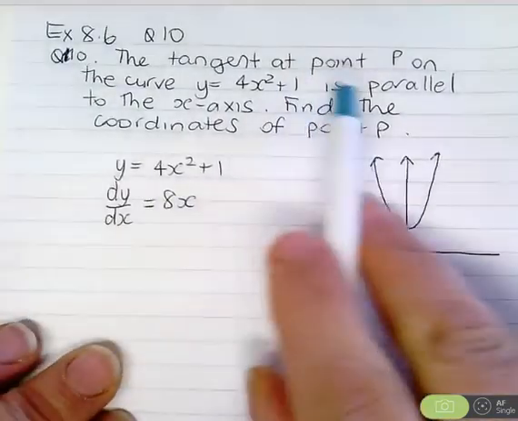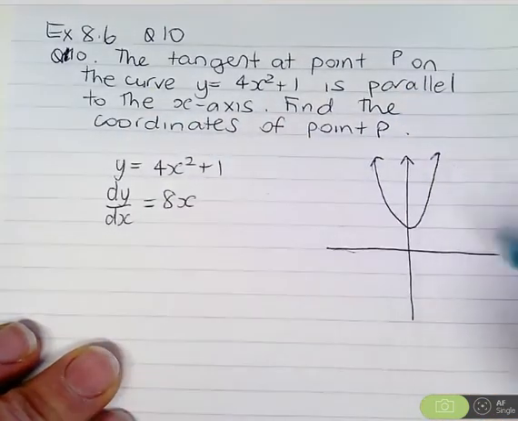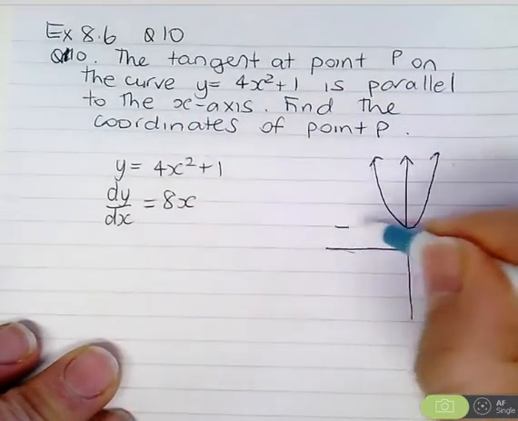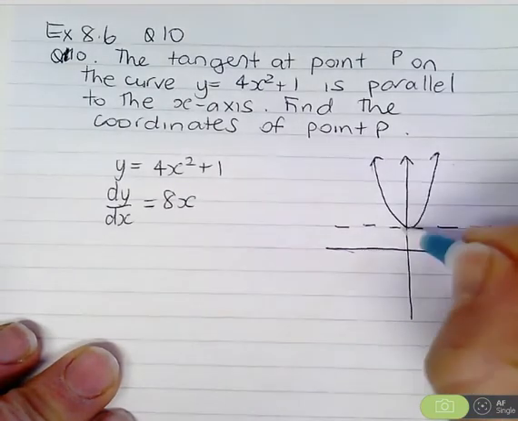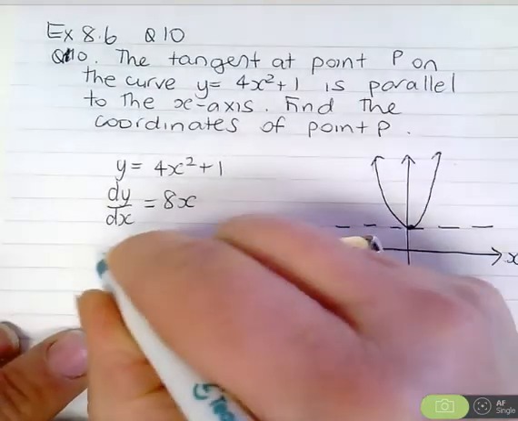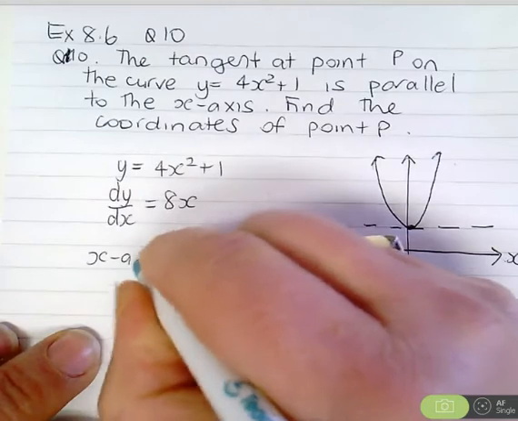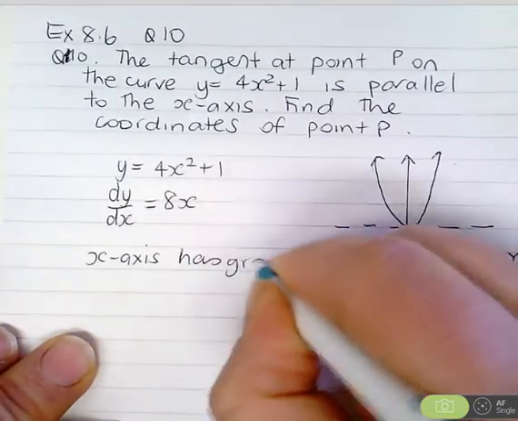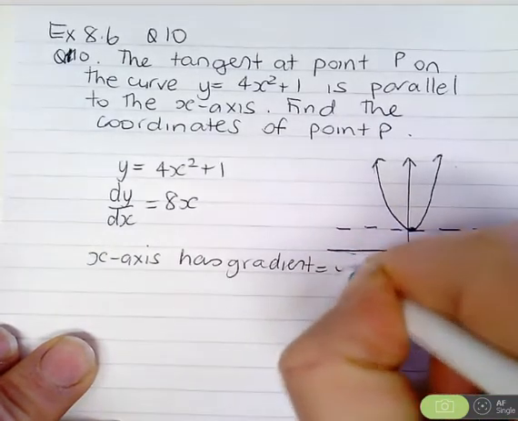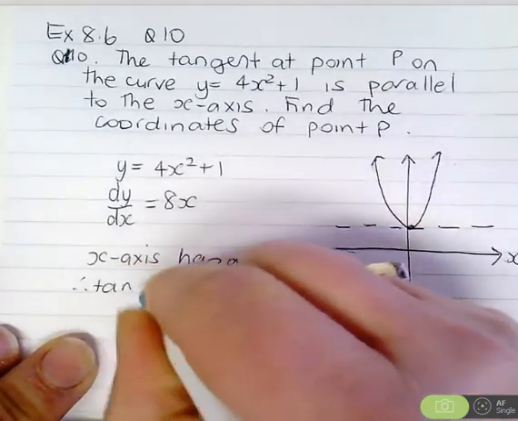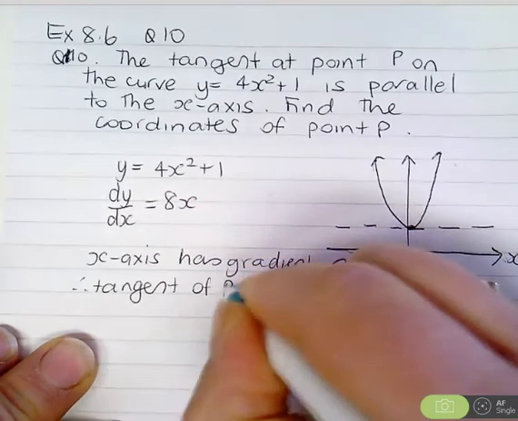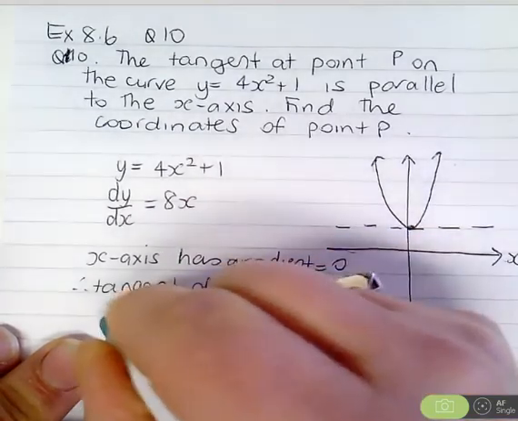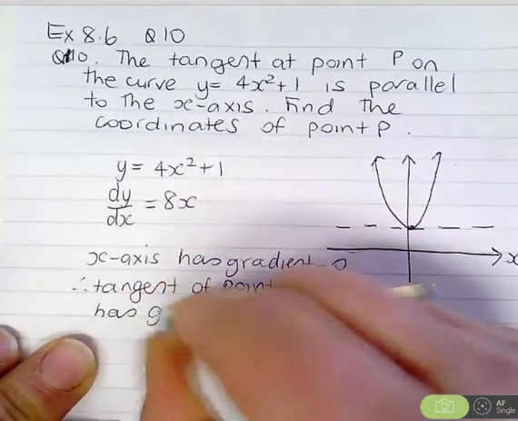Now we want the tangent at point P on this curve to be parallel to the x-axis. Now this is the x-axis. For the tangent at our curve to be parallel to the x-axis, we know that the x-axis has gradient equal to 0. Therefore, the tangent at point P has gradient equal to 0 as well.